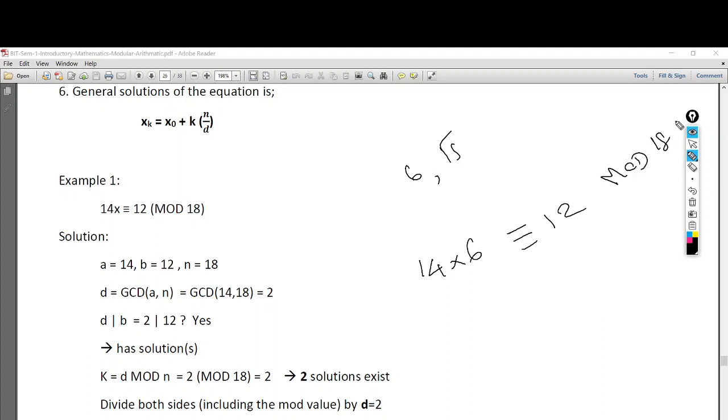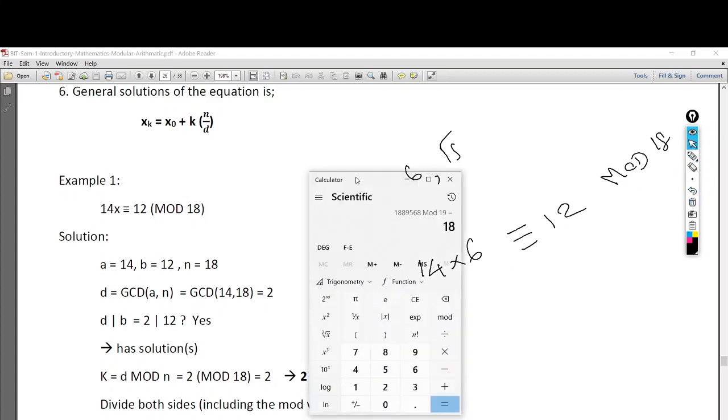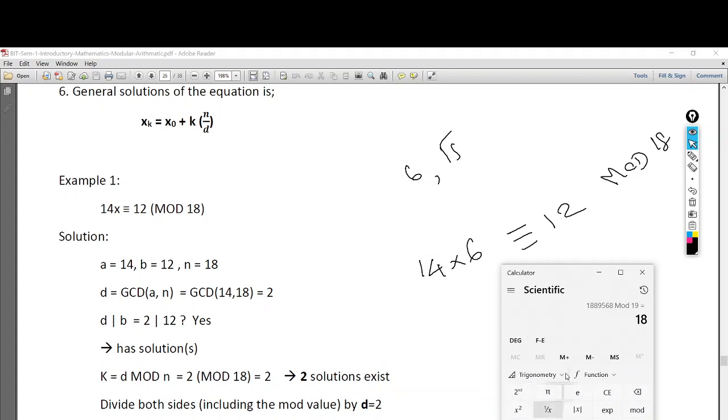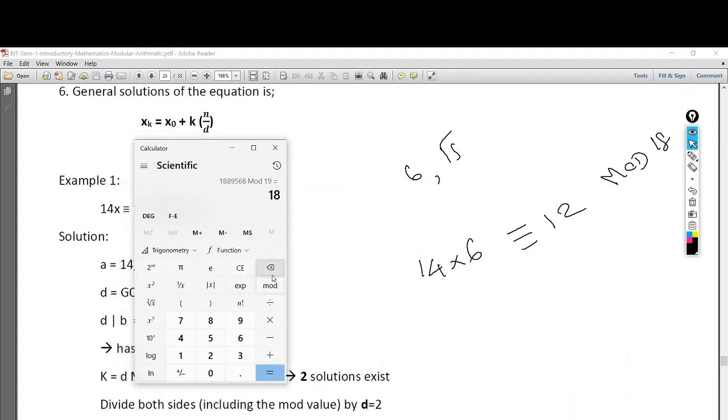Let's use the calculator. 14 into 6 is 84. Let's see whether 84 mod 18 is the same as 12. Yes, that is 12.